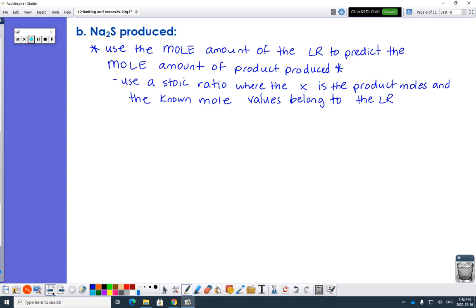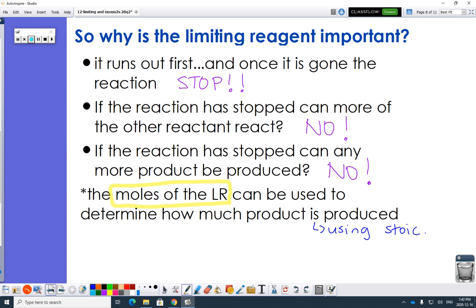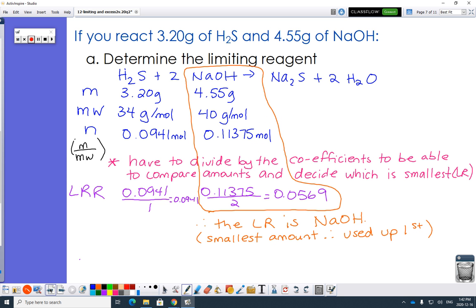So back to here. Take a look at your table. Where is the mole amount of the limiting reagent? It's right here. That's not a highlighter. So if you want to emphasize that for yourself, even write it in there.